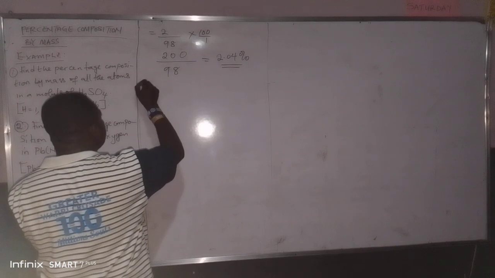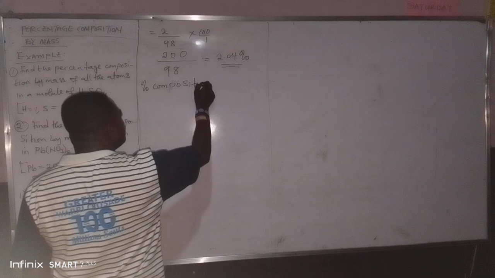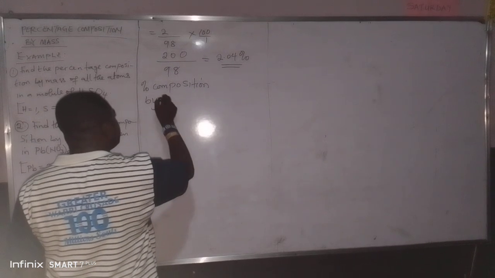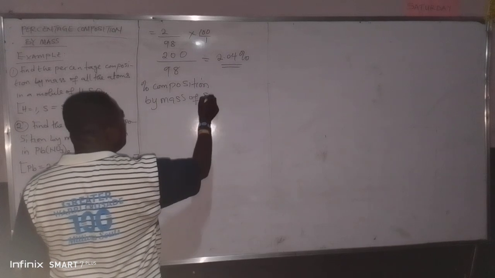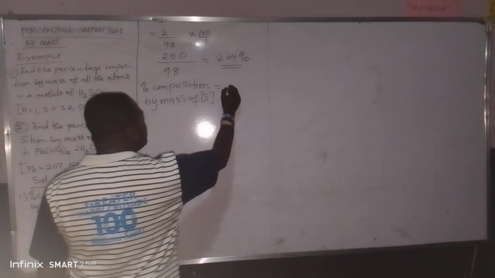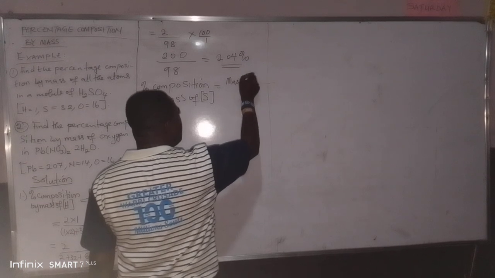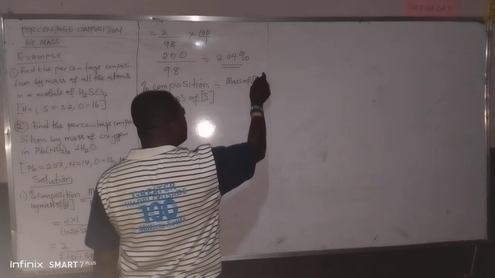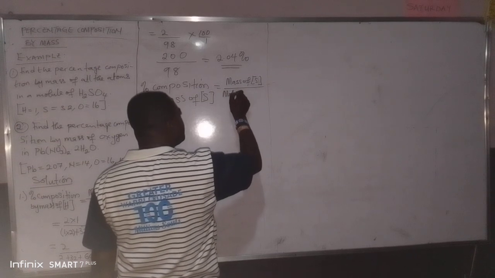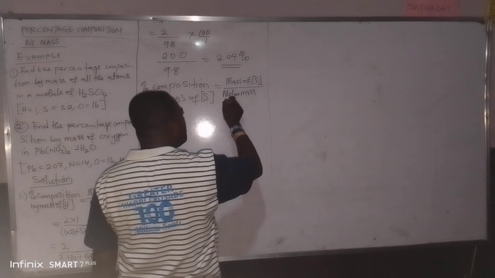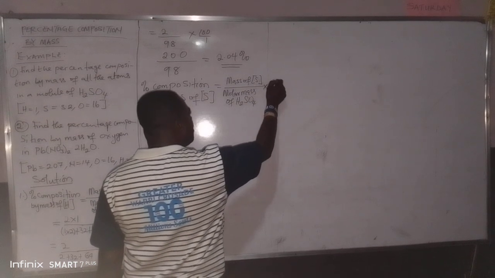So the next one here is percentage composition by mass of what? Of sulfur. That will give me mass of sulfur over molar mass of H2SO4, everything times 100 over 1.